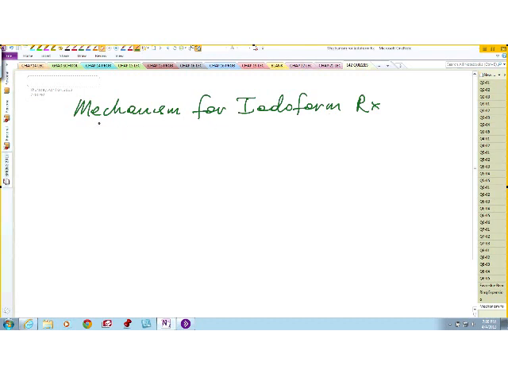By the way, the online review session we are going to have tomorrow will use the third exam for discussion. Most of those problems we've done already during the quizzes, but we'll go over them again in case you have some questions you want to ask me. Okay, so let us look at the mechanism of the iodoform reaction.